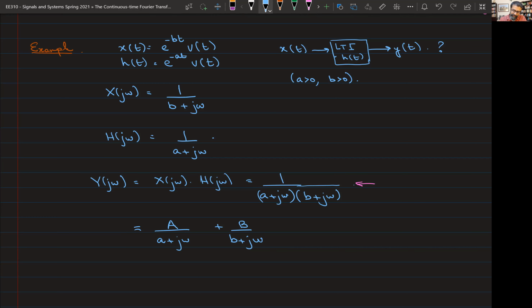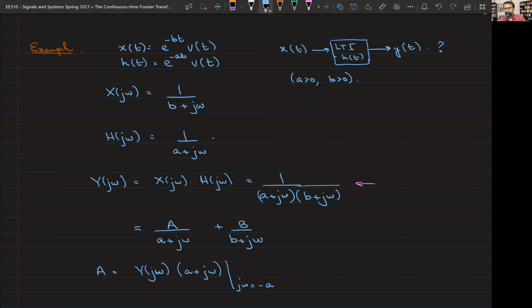Okay, let's move on. So how do I determine A? A is just equal to Y of j omega times a plus j omega, with j omega evaluated at minus a, right?